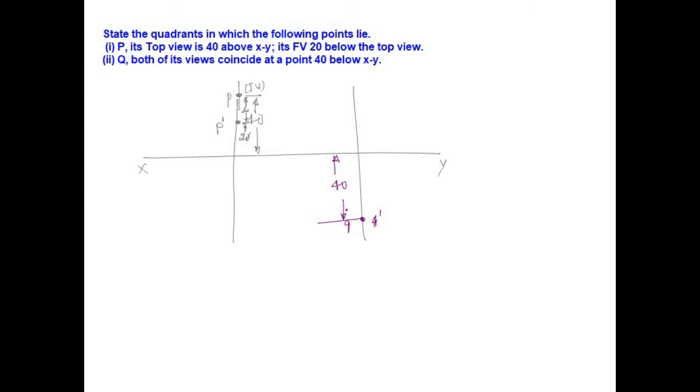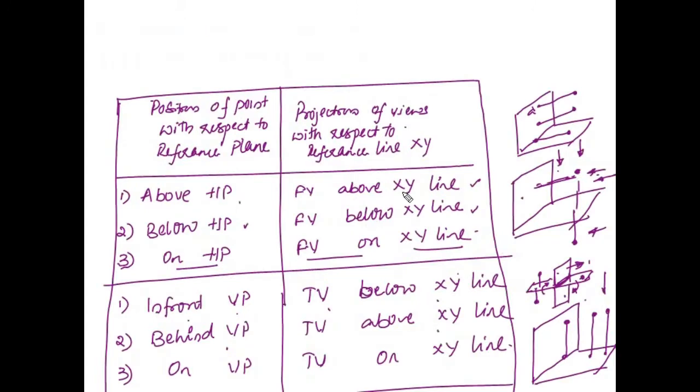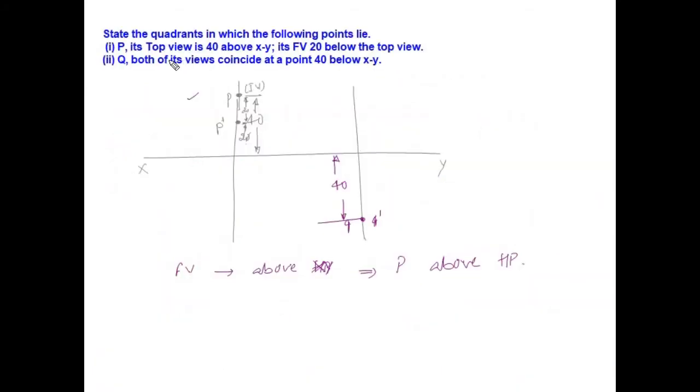So now the question here is to state the coordinates in which these points are lying. So let us go to the first one, point P. Its front view is above xy line. This implies point P is above the horizontal plane, right? You can go back to our table here. You can see if the front view is above xy line, the point lies above the horizontal plane. Now the top view is also above xy line.